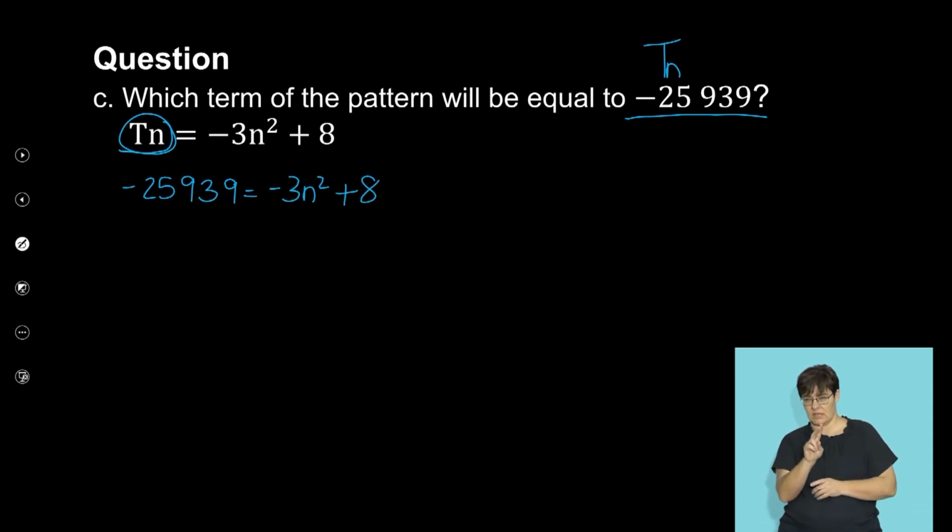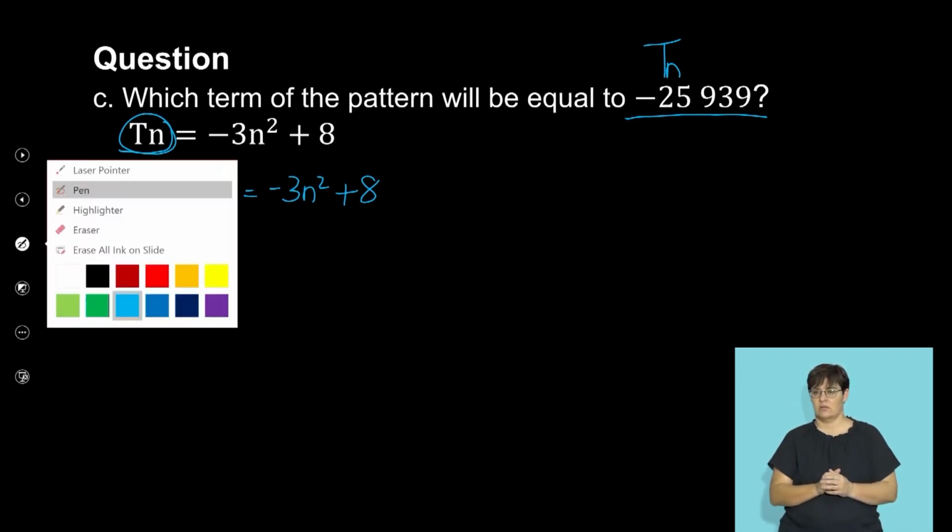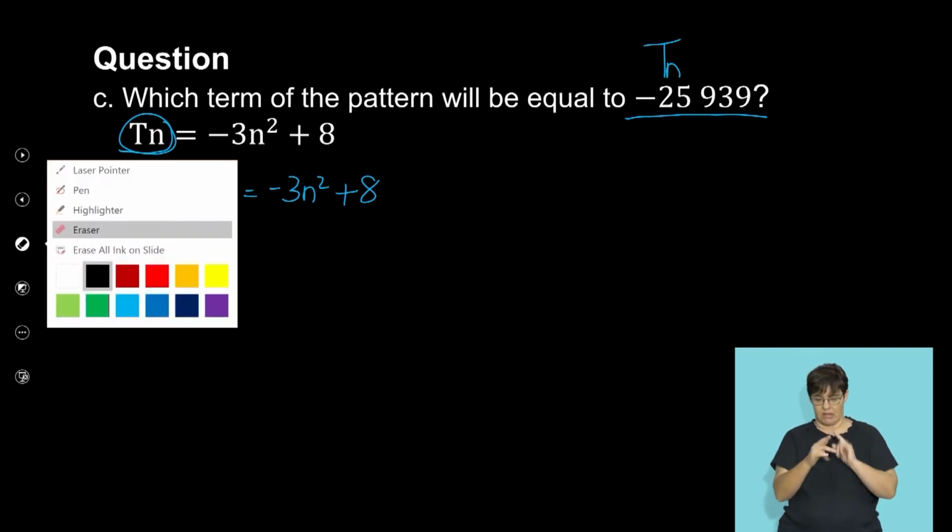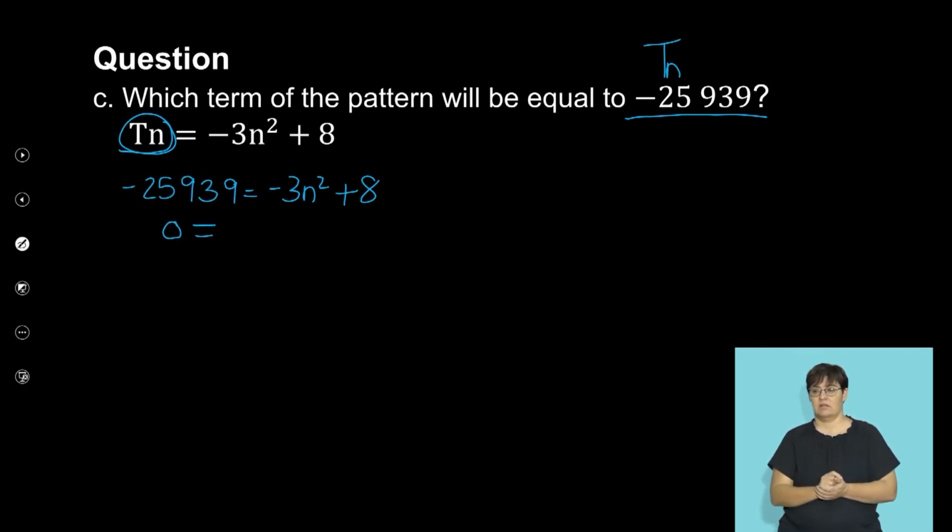I can see that it's going to be a quadratic equation because I have n squared, but I'm first going to actually carry over my negative 25,939. So it's going to be 0 is equal, oh, sorry guys, that equals looks a bit weird. Let's try that again. 0 is equal to negative 3n squared plus 25,947.